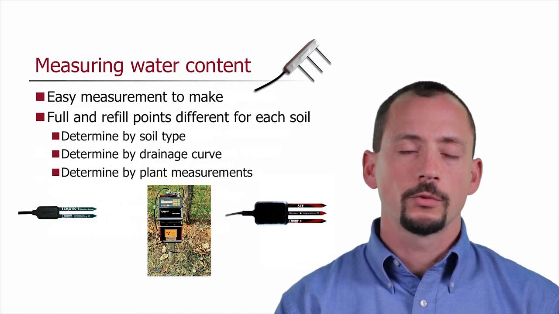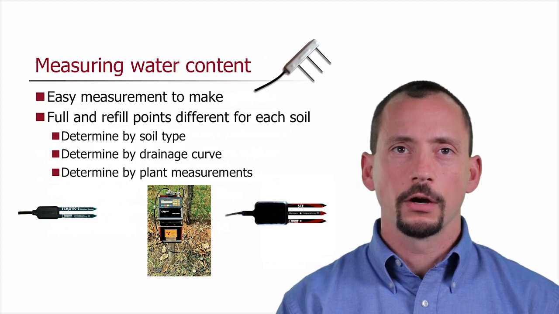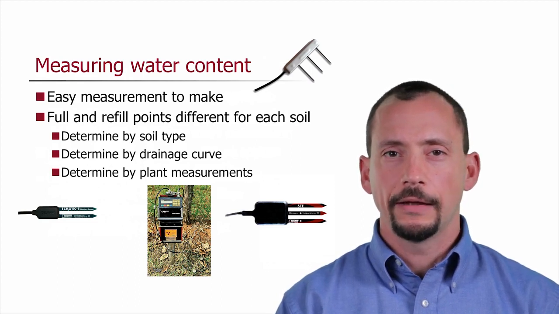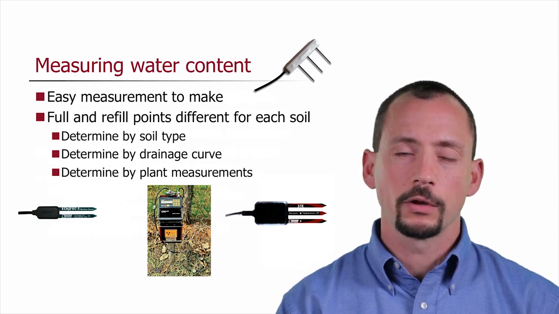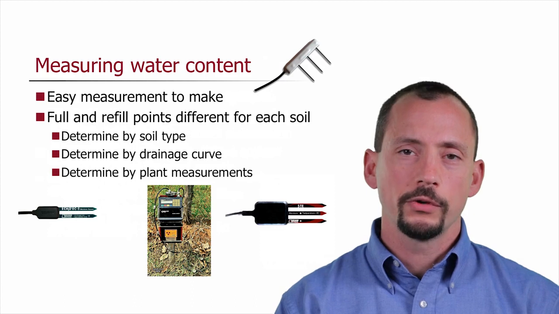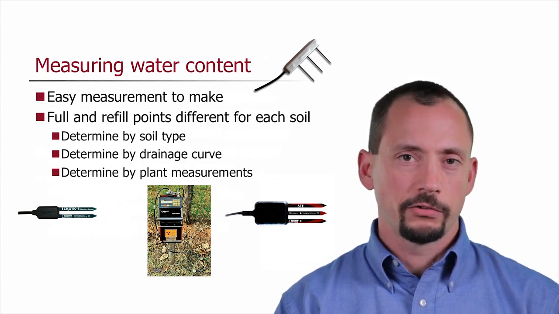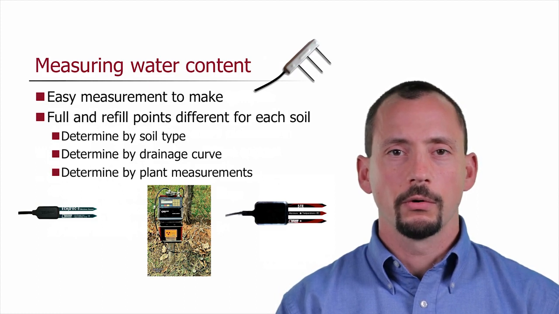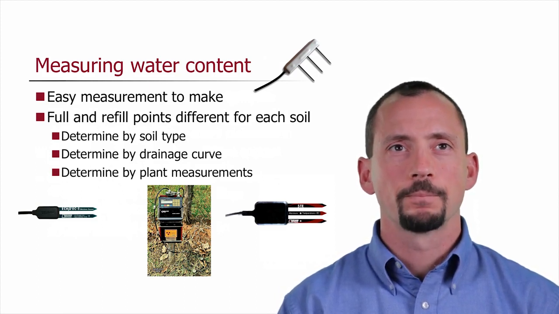But it is possible to determine where those full and refill points are simply by looking at the drainage curves. You can understand field capacity and where the plants begin to stress by looking at the soil moisture dynamics, or you can determine that by measuring some plant characteristics like plant water potential or other characteristics that tell you about the water stress state of the plant.